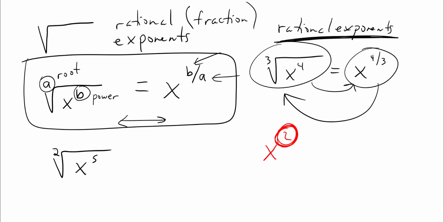So if I say the square root, it's automatically 2. You're not going to see it there, but there's a 2 there. That's important. So that's going to equal x to the 5/2. Remember, the root goes in the bottom. Pretty easy, right?